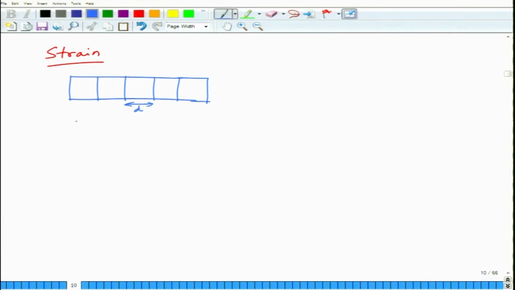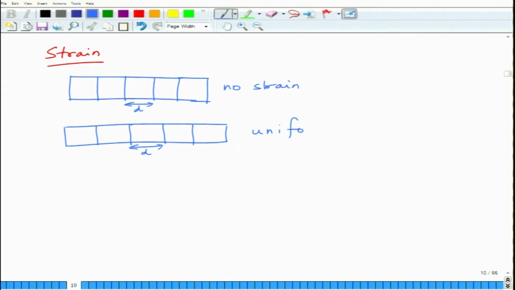If the crystal has a uniform strain, where the d has increased a little bit, so this is your D1. So this is no strain, this is uniform strain, and D1 is greater than d, and correspondingly you have a strain which is D1 minus d naught divided by d naught, okay.